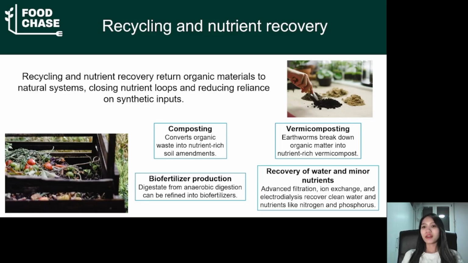And finally, the recovery of water and minor nutrients through the advanced filtration, ion exchange, and electrodialysis. With this technology, we can recover clean water and nutrients like nitrogen and phosphorus.